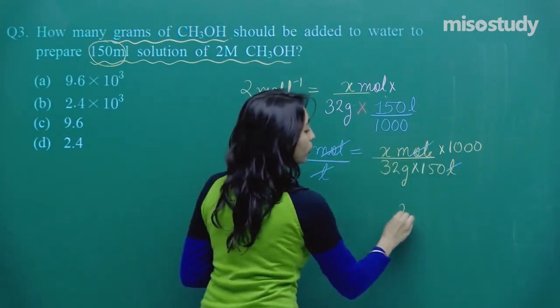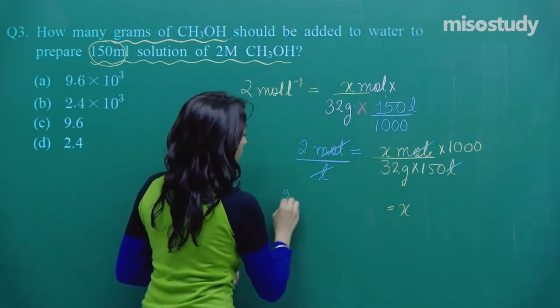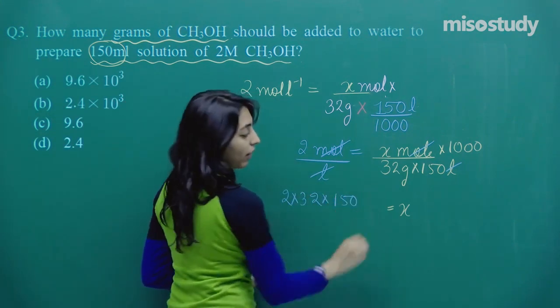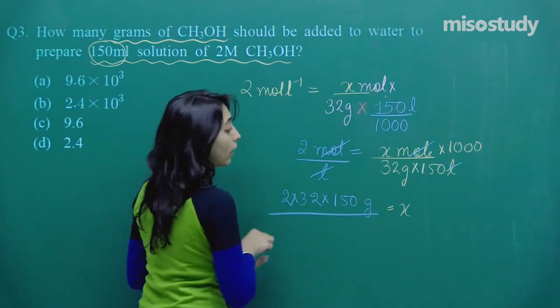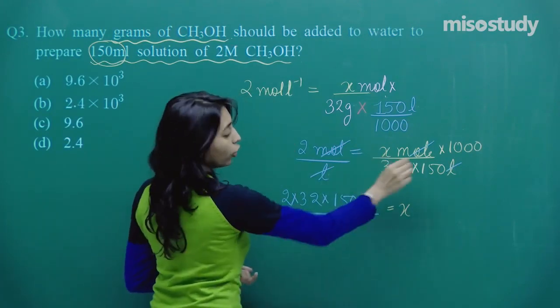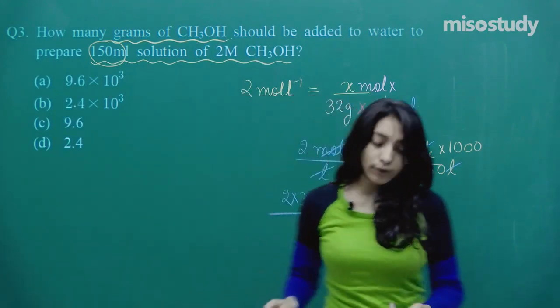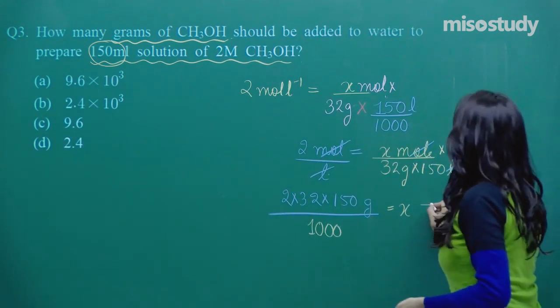So finally, what should be the amount of X that you will be getting? You will be getting 2 multiplied by 32 multiplied by 150. See, the gram will go here, to be divided by only 1000. Right? So now if you solve, the amount of X, you will be getting the value as.